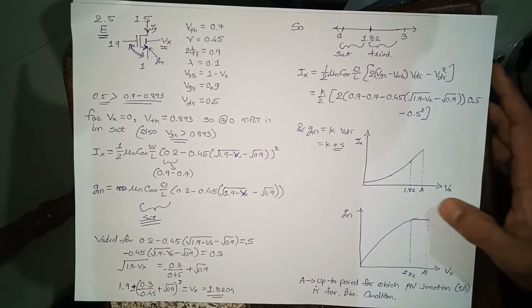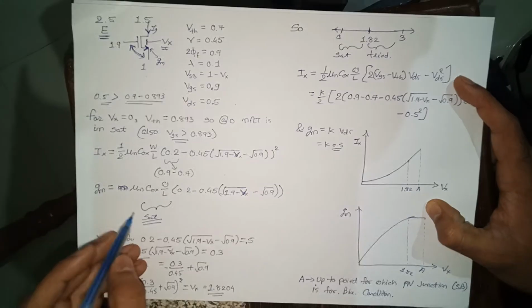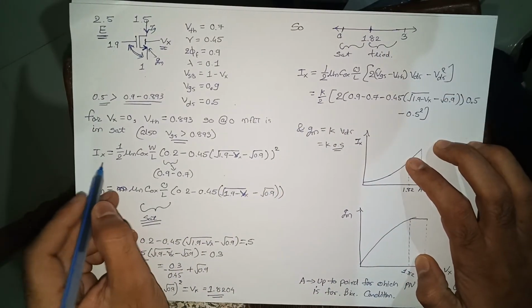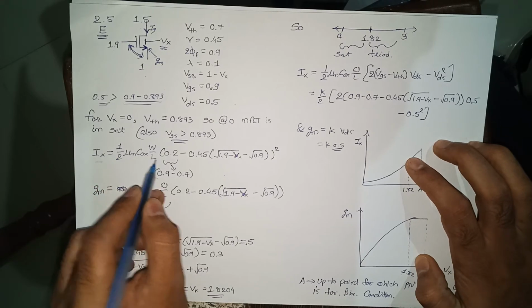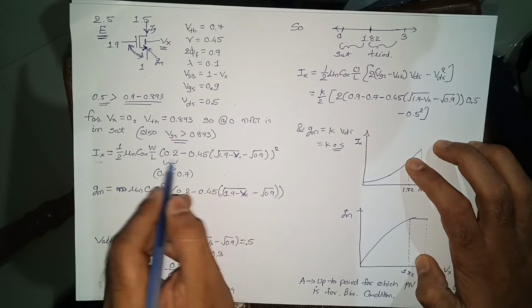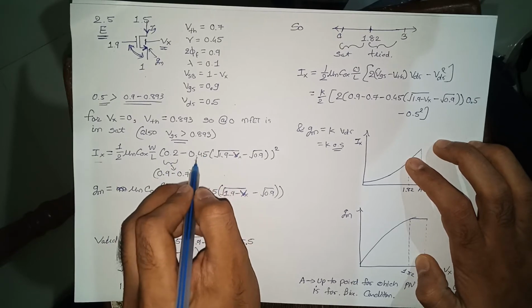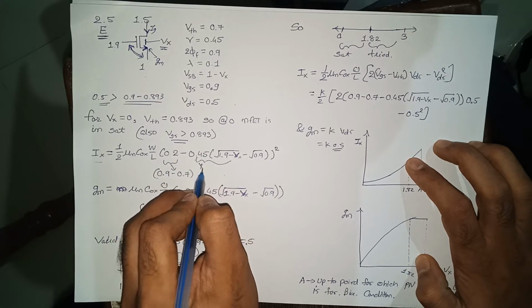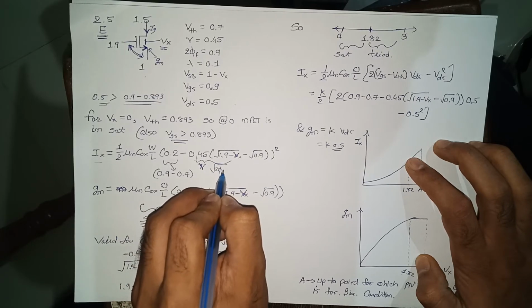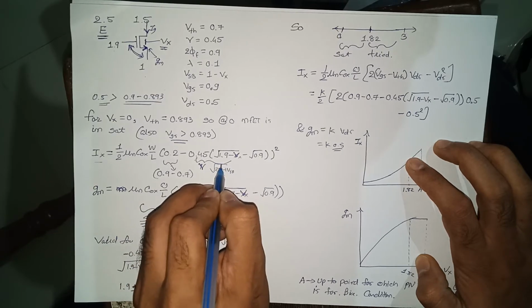Okay, so before finding that voltage, we just need to write the equation, that is Ix equals 1/2 mu n Cox W by L times 0.2 minus 0.45 times gamma, the bracket of 2 Fermi potential plus VSB.